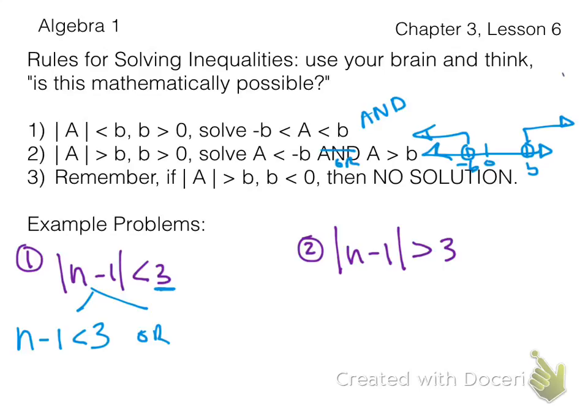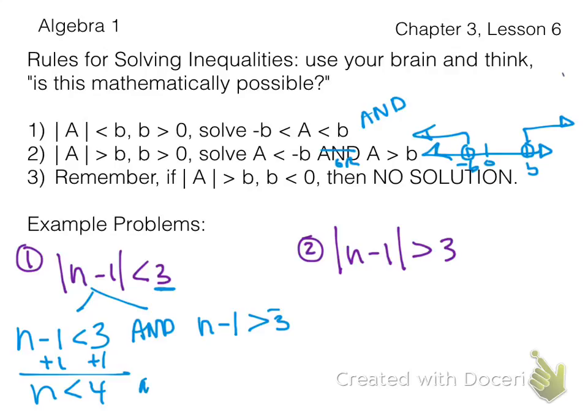So we're going to have actually more of an and statement than an or statement. So then we're also going to have n minus 1 is greater than negative 3. Okay, so if I plus 1 on both sides, n is less than 4, and plus 1, n is greater than negative 2.